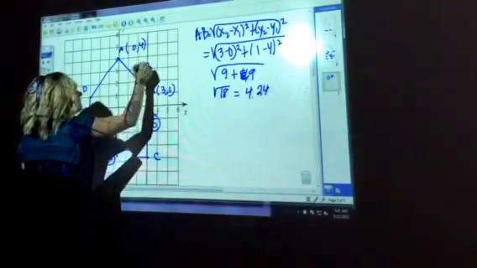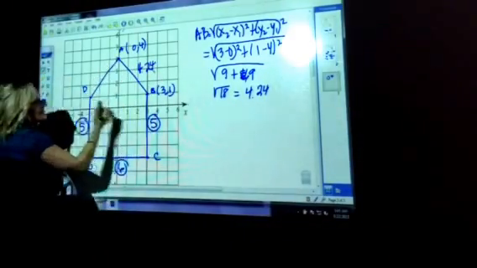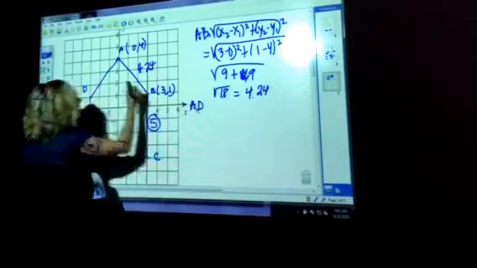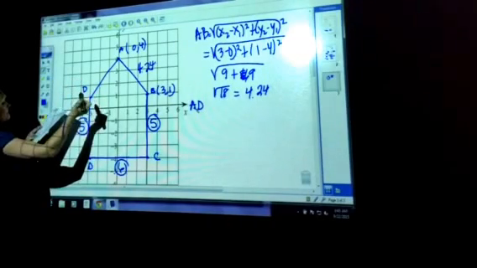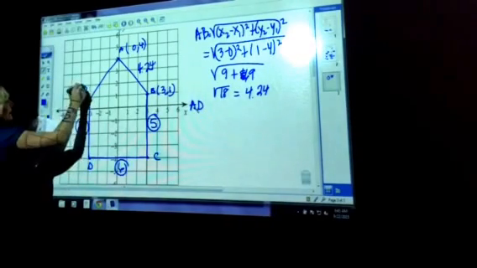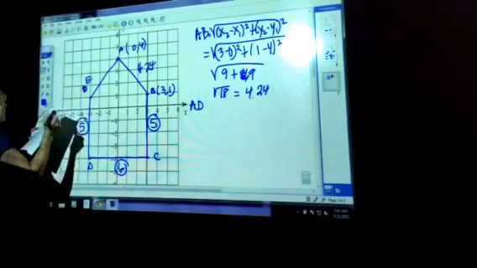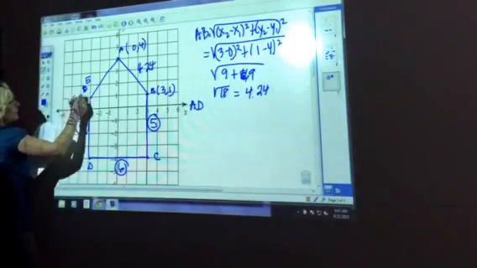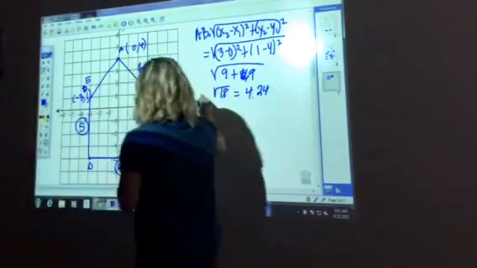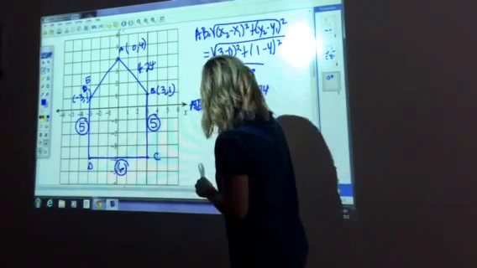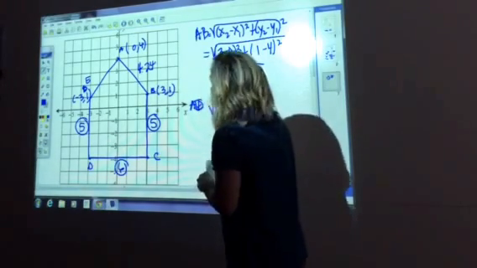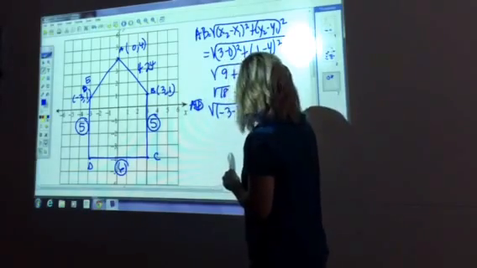All right, and then over here, same thing. AD. A, we've got 0, 4. D, we have, this is E, isn't it? I'm sorry. Point E. Point E is negative 3, 1. So we have the square root of, again, negative 3 minus 0 squared plus 1 minus 4 squared.